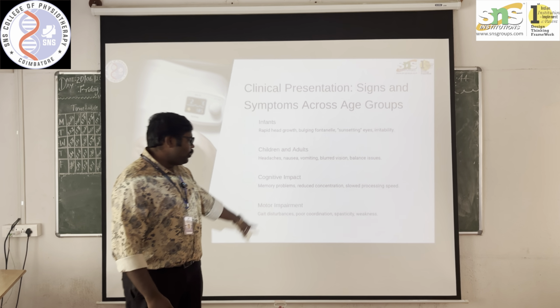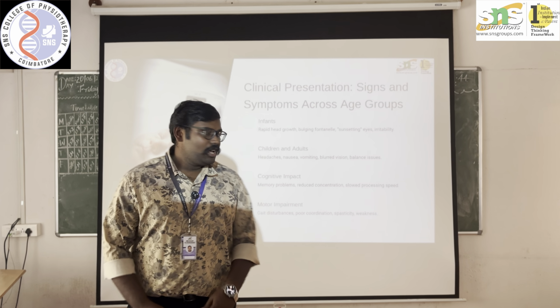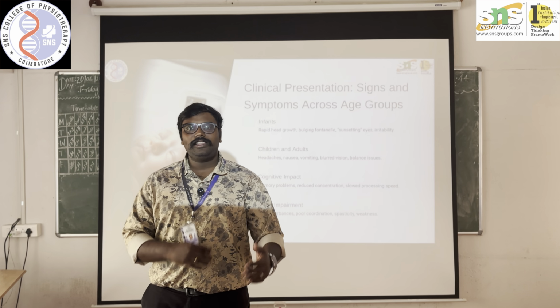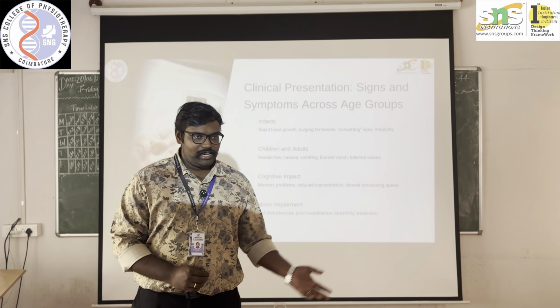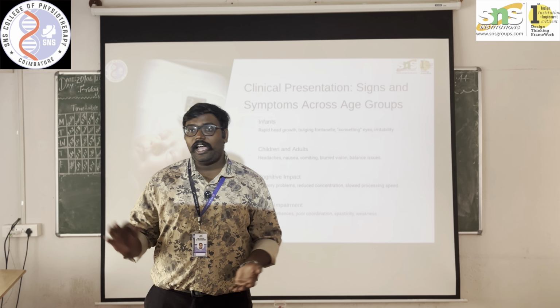And the last one is motor imbalance, that is gait disturbances, and also poor coordination, spasticity, and weakness. All these things will occur in children, and you need to understand this for children and also for the acquired form.